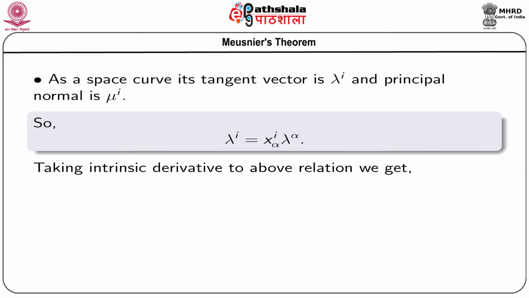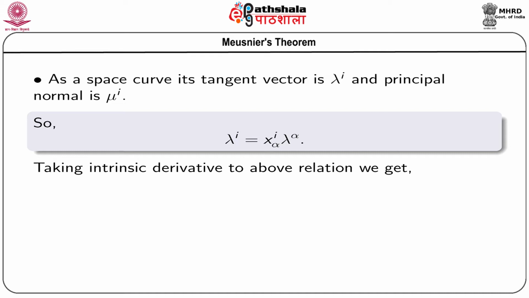Now, as a space curve, its tangent vector is denoted by lambda i and principal normal vector is mu i, and they are both unit vectors. So, lambda i is related with lambda alpha by the relation lambda i equals xi alpha lambda alpha.